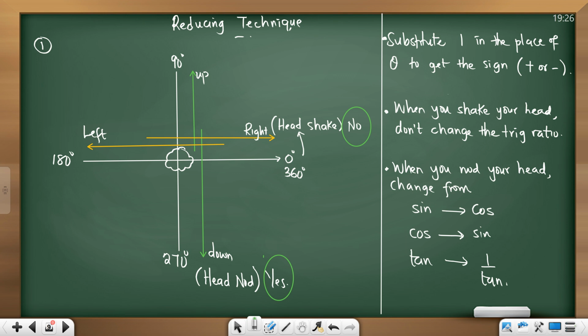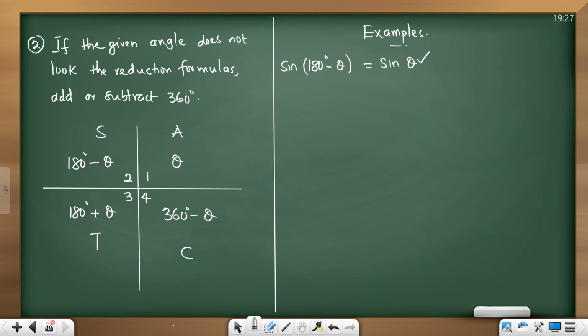I want to carry you through. 180, this is your head here. Move it there and take it back. It's a shake. Please let me know if you are lost. And when you shake your head, what are you saying? You are saying, no, don't change the trig ratio. That's why it is fine.